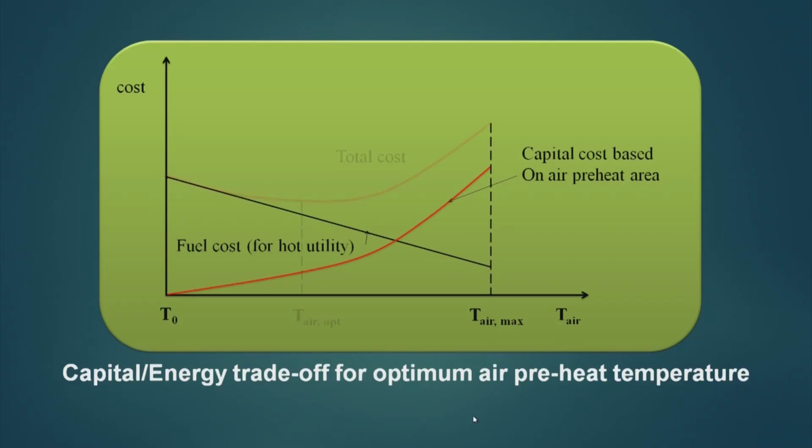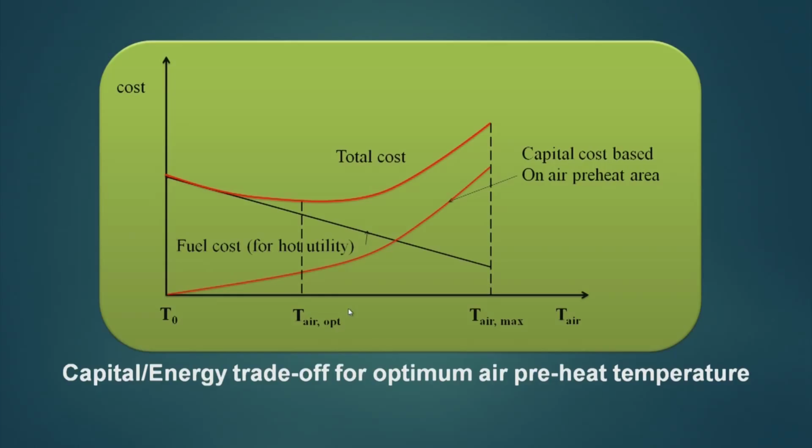So, this is the capital cost line of the air preheater, and this is the fuel cost, which goes down. So, the more the capital cost, the less the fuel cost. I will get an optimum value here somewhere. This will give me T air optimum. So, what have we calculated?